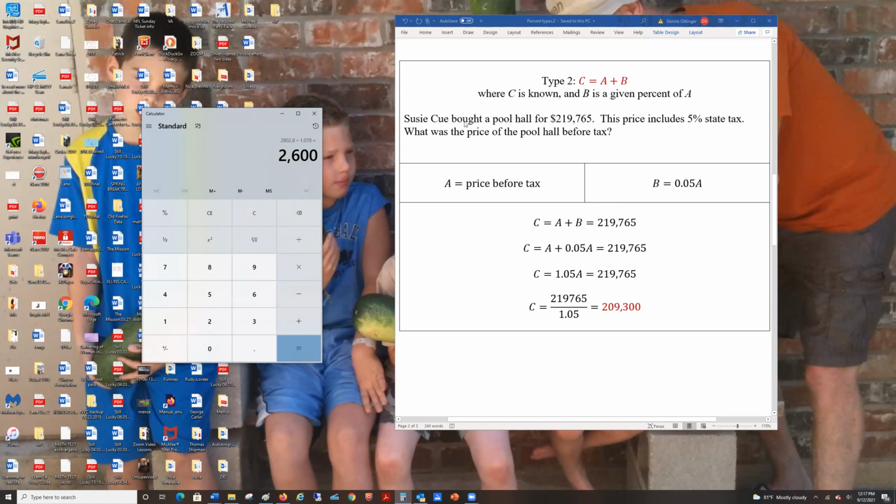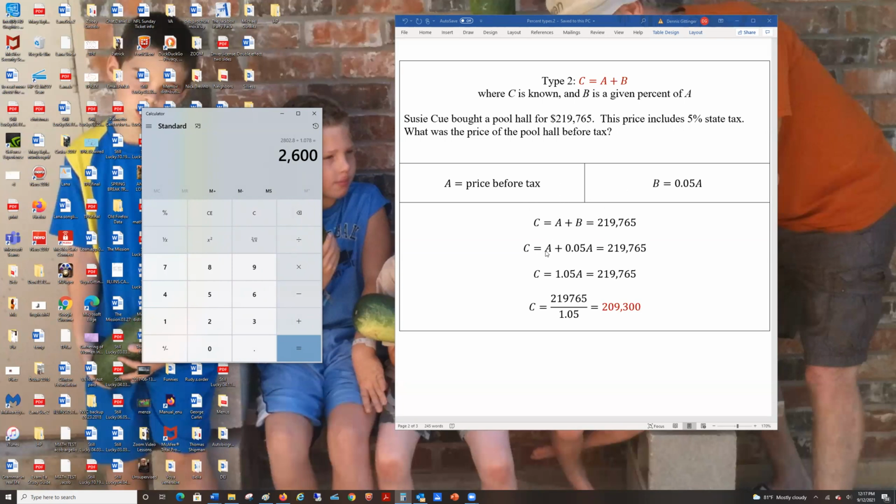The second kind of problem is this. You have a number such as the cost of something, and that price includes the 5% tax. What that means is, if you want to know the price before tax, you do not take 5% of the number that has the tax in it. Instead, you realize that the price before tax is unknown, and the tax is 5% of that unknown, and the total cost, including tax, is going to be the sum of those two things.